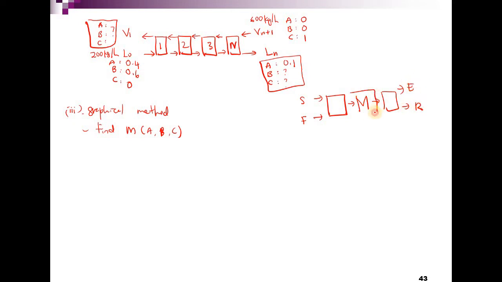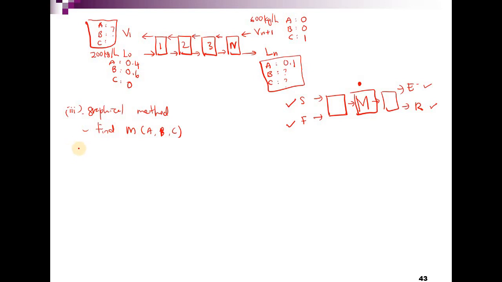We know the solvent composition and the composition of the feed, so when we mix these two together we form a mixture, which is actually an intermediate phase before we get extract and raffinate. This is a very important point. So we have to find M in order to get the extract and raffinate.